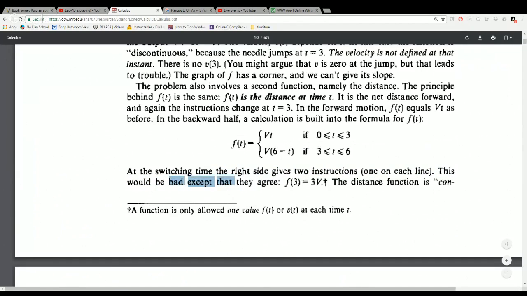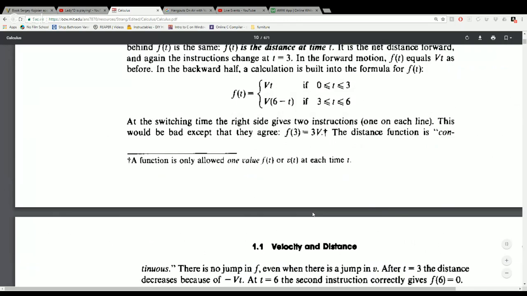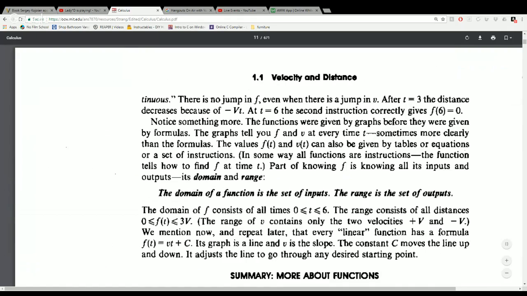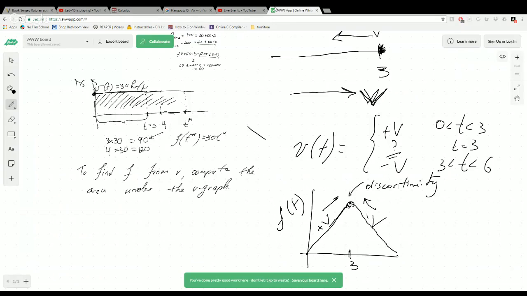This would be bad, except that they agree: f of 3 equals 3v. The distance function is, in fact, continuous. There is no jump in f. Okay, so after t equals 3, the distance decreases because of negative vt. So if we look here, after t equals 3, our distance starts to decrease because we have negative slope.